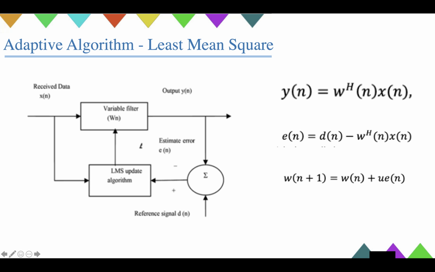At the same time, the output is sent to here, and we can get the error. Error is the difference between the output and the reference signal. Then the update algorithm uses the error to refresh the weight of the next time. Carefully, it's next time n plus 1, not n.